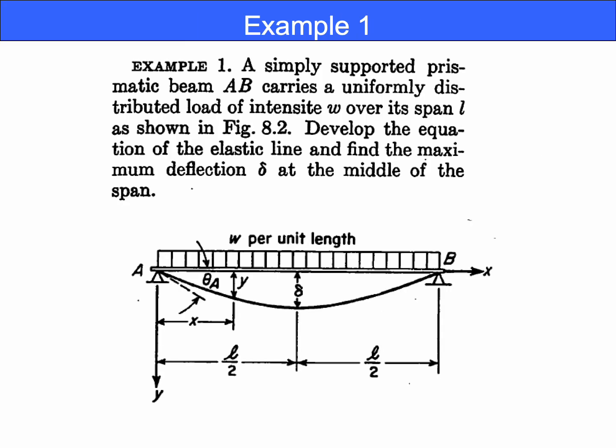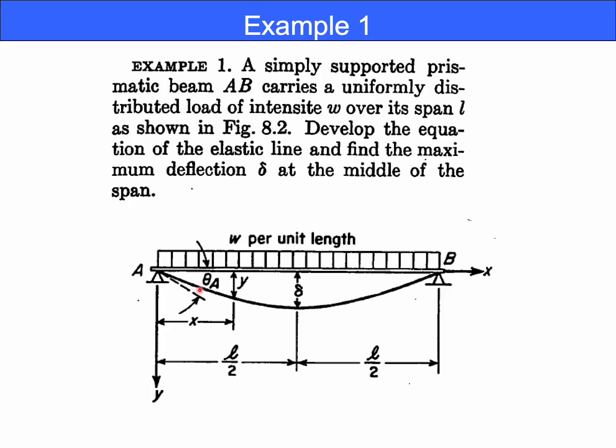Let's see an example now. This example is the classic simply supported beam, AB, with a uniformly distributed load, W, per unit length. In the figure, supports are at A and B. This means the beam is simply supported.